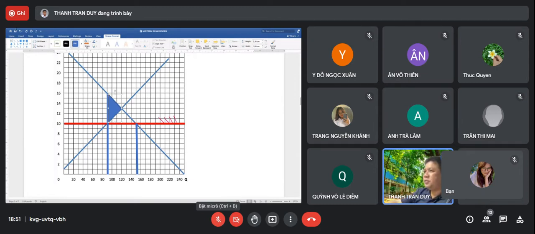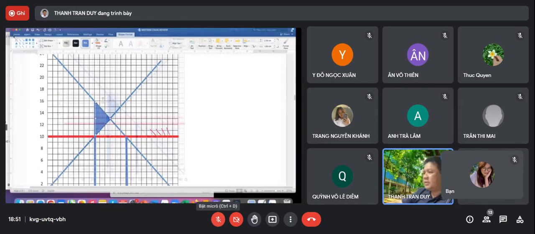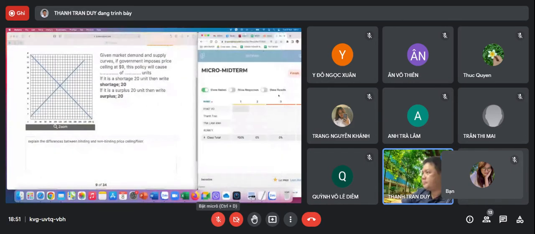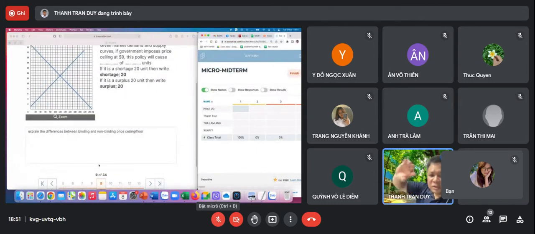So let's move to the Socrative. Can you move to question number 9 in your Socrative? Nobody has answered question number 9 yet.